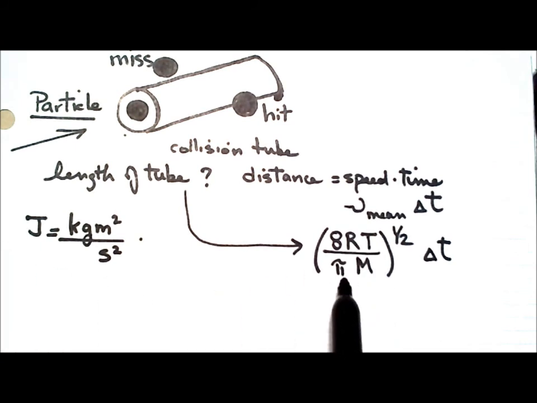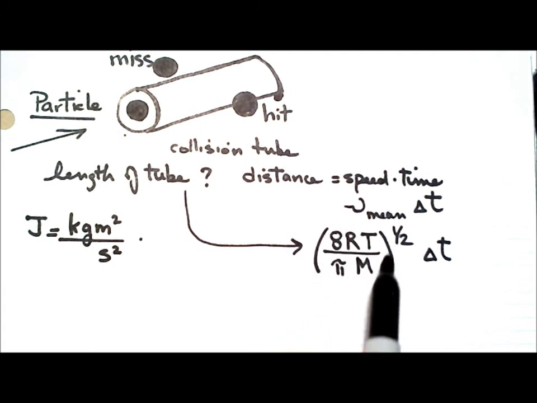Temperature in Kelvin, pi is a number, and M is kilograms per mole of that molecule. So if it's H2, twice the molar mass of atomic hydrogen, for example. So don't forget to account for any molecular formula, but this is the molar mass in kilograms per mole.